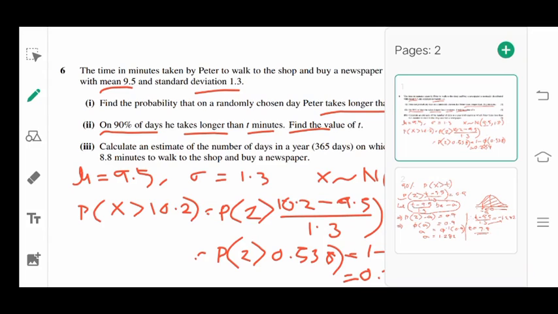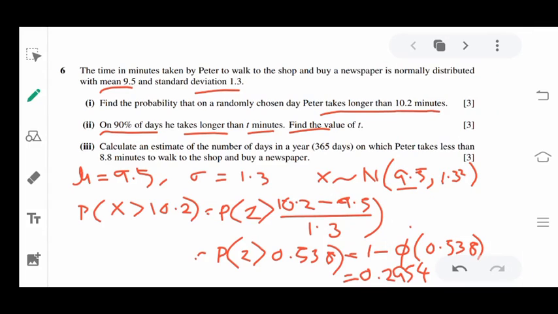The third part of the question is: calculate an estimate of the number of days in a year on which Peter takes less than 8.8 minutes to walk to the shop and buy a newspaper. It is comparatively a simple question.